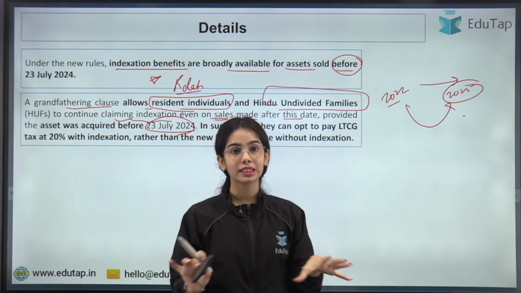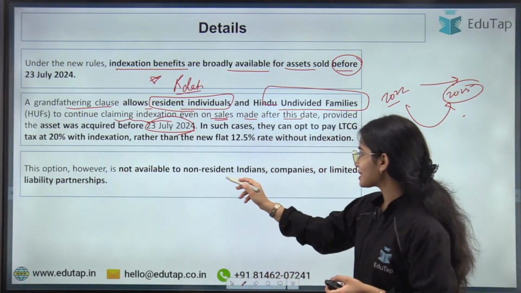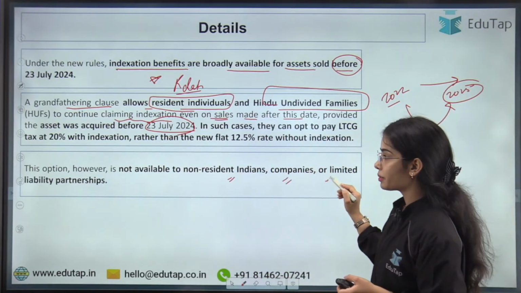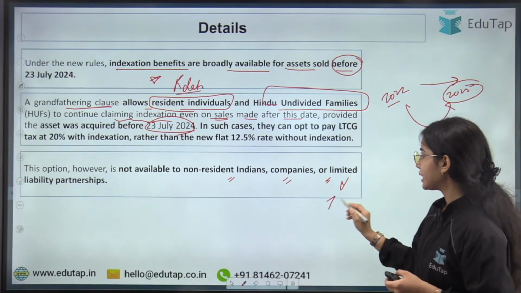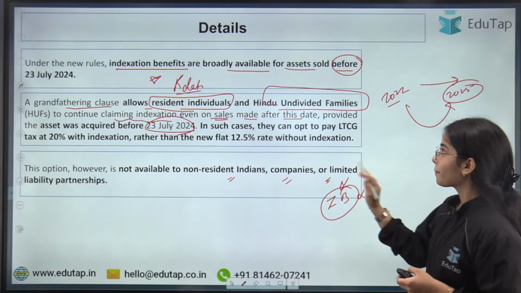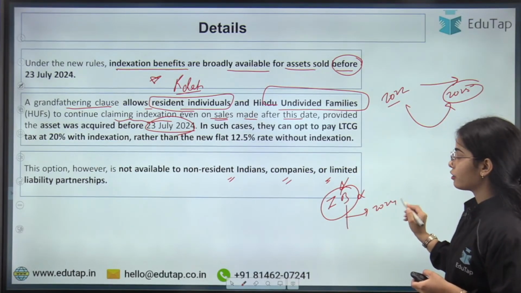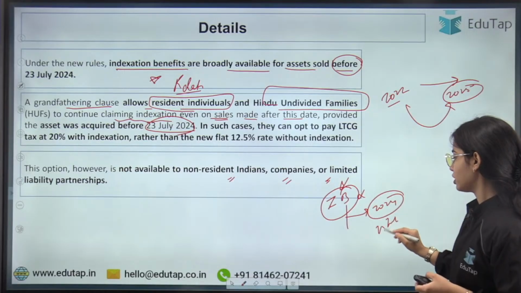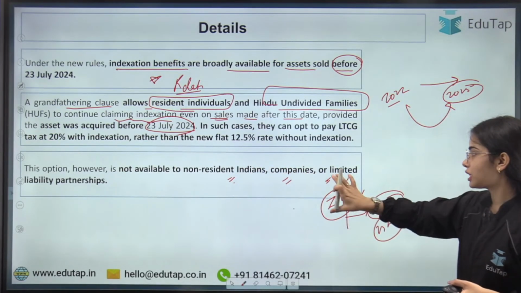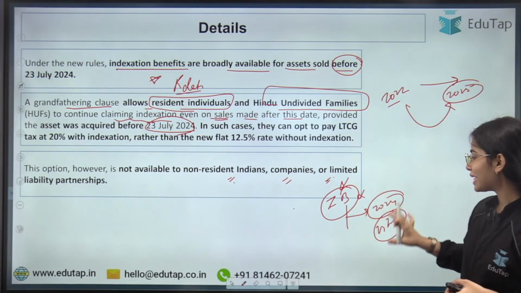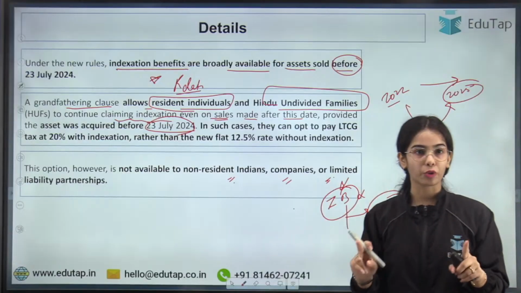Okay. For all the other entities, the non-resident Indians, the companies, the limited liability partnerships, this benefit is not available now, because for any asset they sell after 23 July 2024, the indexation benefit is not provided.